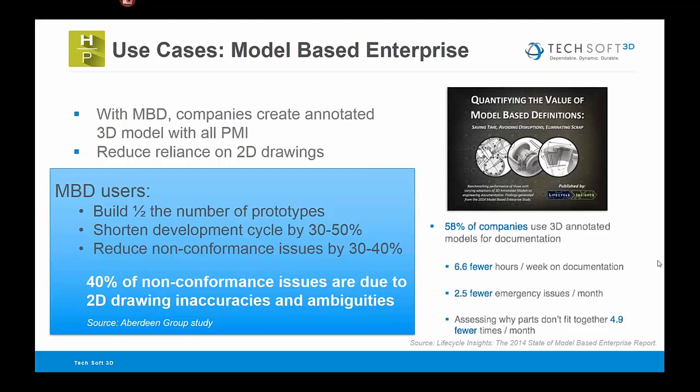And a substantial part of the benefit that we see with people who adopt 3D PDF is, as Jonathan was explaining earlier, when you can compress a great deal of information into a small, compact experience that supports the workflow, you've done a lot to get rid of the ambiguities that create nonconformance issues. And so that's a huge benefit that people are seeing. And the way that you communicate that information downstream matters a great deal.